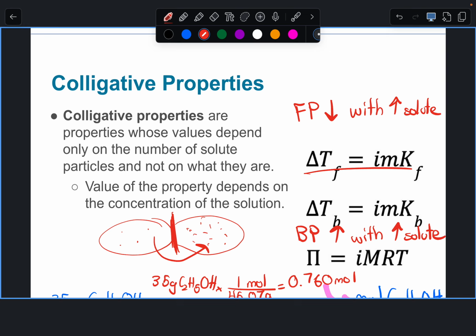So it's always going to move towards the more concentrated side. You're basically trying to equilibrate them. That's what's causing this, is that there is a drive for them to be equal on both sides. The thing that causes that to happen is what we call the osmotic pressure.